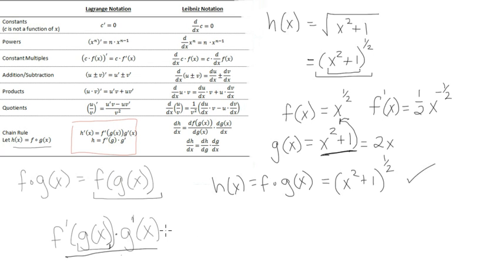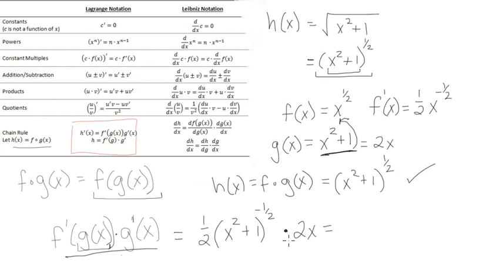So f prime of g of x is going to be 1/2, looking at this derivative, times, except that I have g of x for my x, x squared plus 1 to the negative 1/2. So that's my f prime of g of x, times the derivative of g of x, which is 2x.